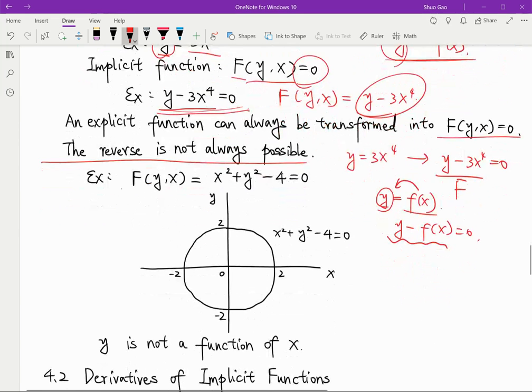And for other forms, for example, look at this expression here. This example shows that sometimes y is not even a function of x, so you cannot write y equals to something. For example, big F(y, x) equals x squared plus y squared minus 4 equals 0.